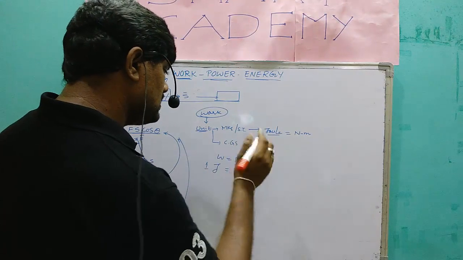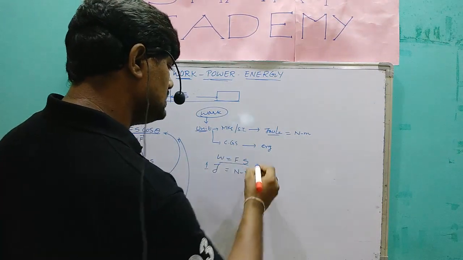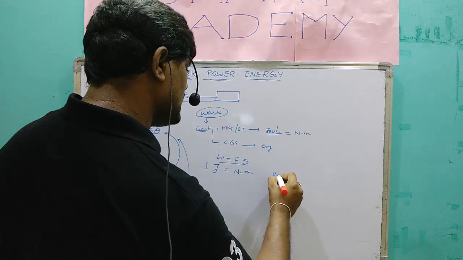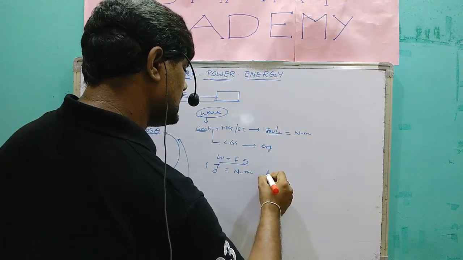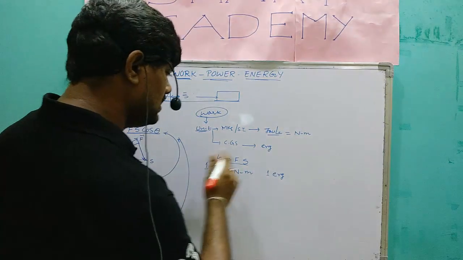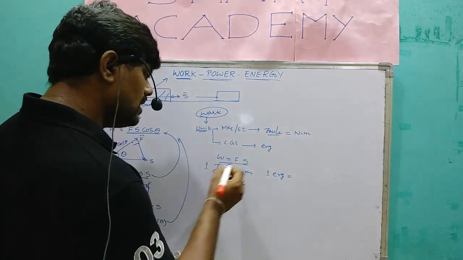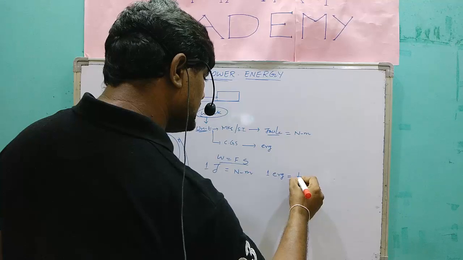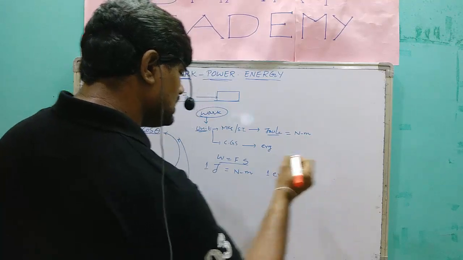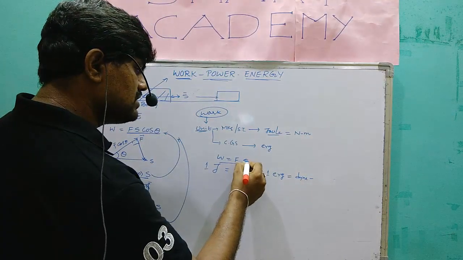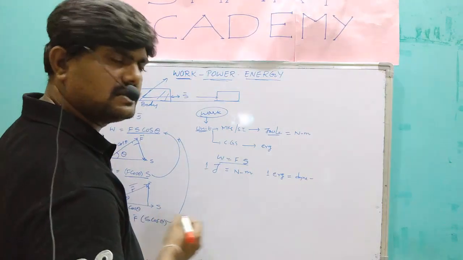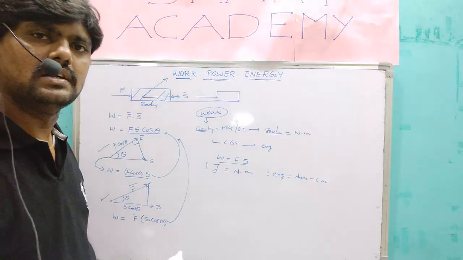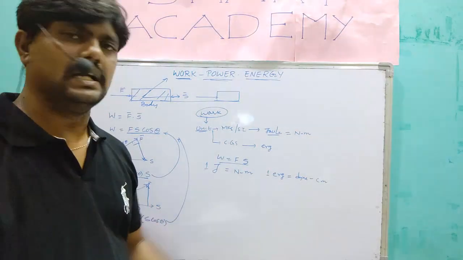In the case of CGS units, work is measured in the erg. So 1 erg equals force, whose CGS unit is dyne, times displacement, measured in the CGS unit centimeter. So the dyne centimeter equals erg.